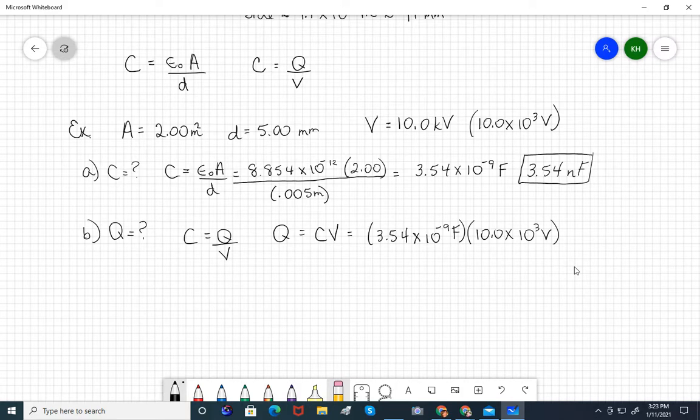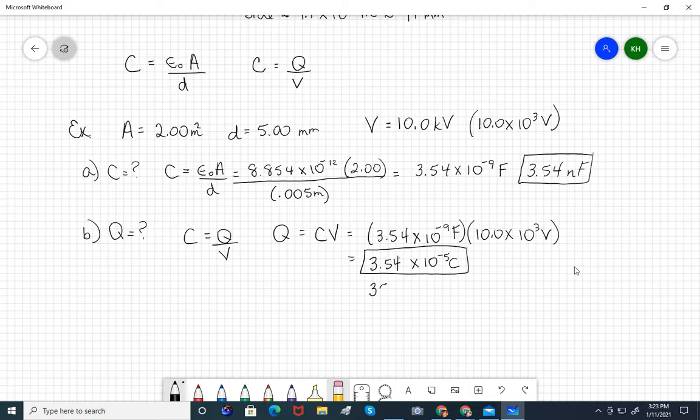That's 10,000 volts. This comes out to be 3.54 times 10 to the negative 5 coulombs. We could leave it like that, or if we want to, we can change it.